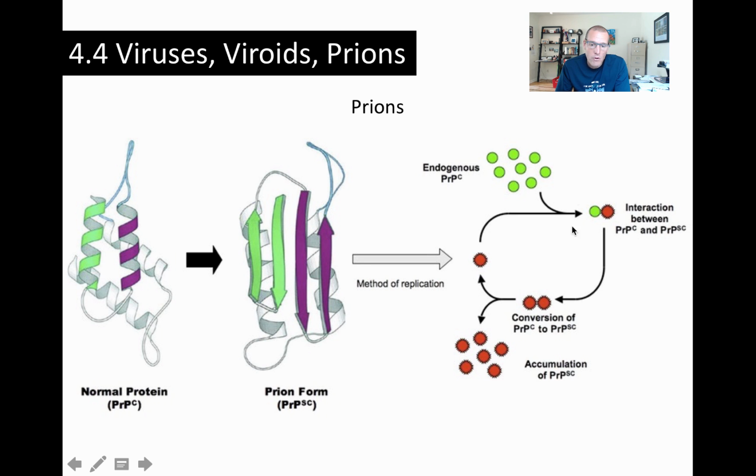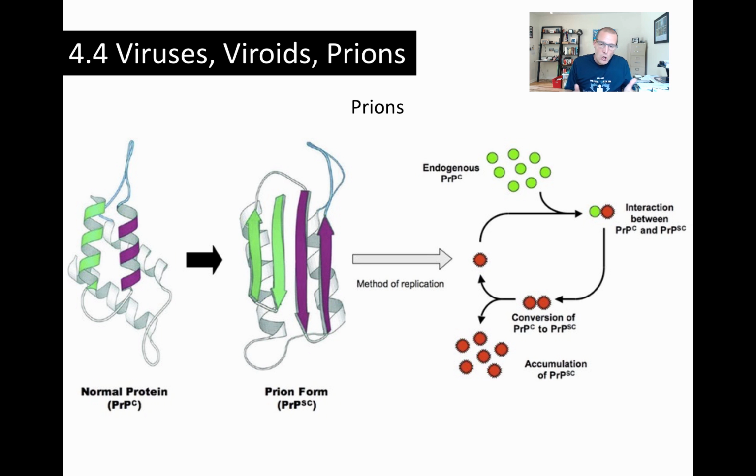That's what's happening over here on the right, and then the misfolded protein causes the normal protein to refold, and so once you get this going, you lead to these large aggregates of misfolded proteins stuck together, and they tend to accumulate, and you lose the function of the normal protein, and then the misfolded proteins have some adverse effects on the cells.